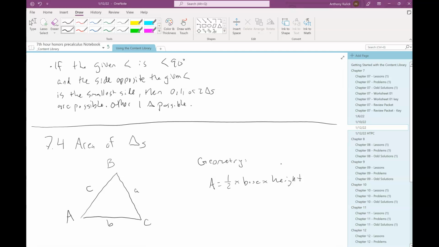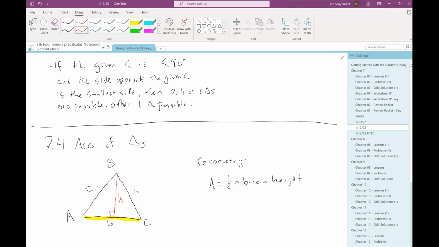Okay, so we can say that b is the base, sure. And the height is the distance from the angle B to side b. So our height would be that perpendicular line from angle B down to side b.